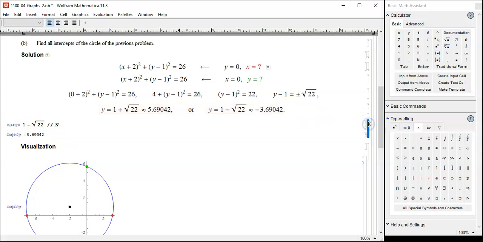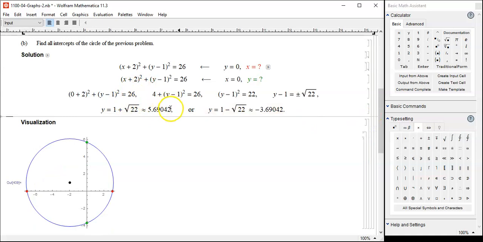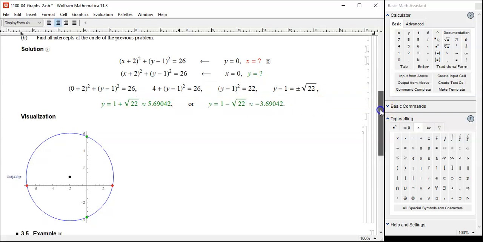Okay, so there goes one y-intercept. That's the other y-intercept, and they're represented as green dots here. Negative 3.69 or so over here, and 5.69 or so over there. Does it make sense? It should.